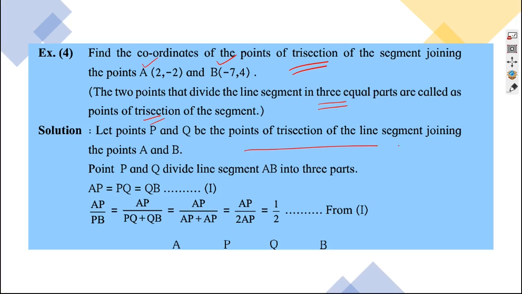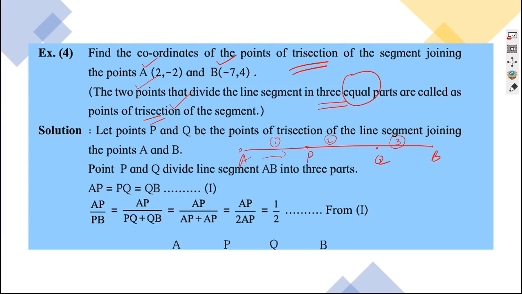Here is a line segment, roughly drawn, and A and B are the end points, and trisection has been done by 2 points. Let us put 2 points, one as P and another as Q. Now what happened? 1, 2, 3. The line segment is divided into 3, so we call it trisection. Another thing is 3 equal parts.